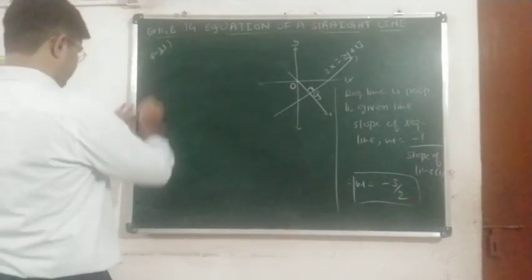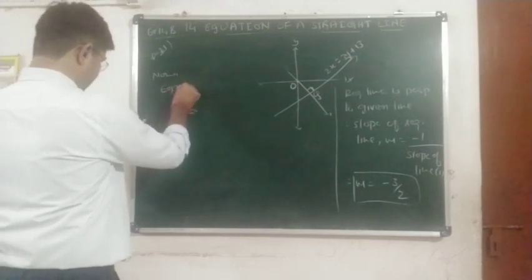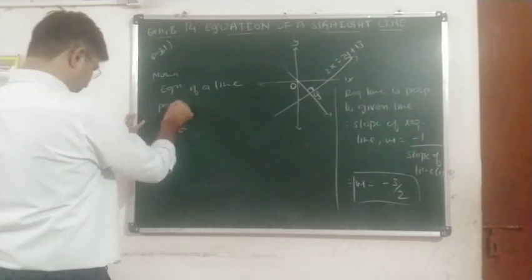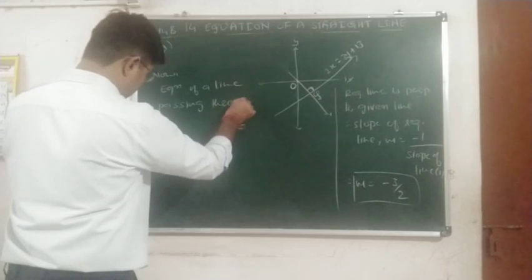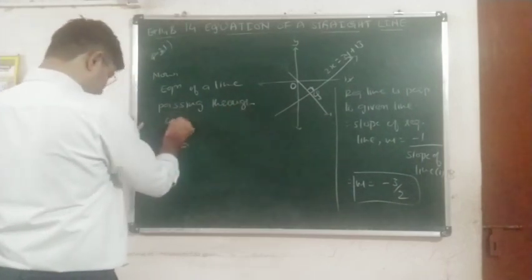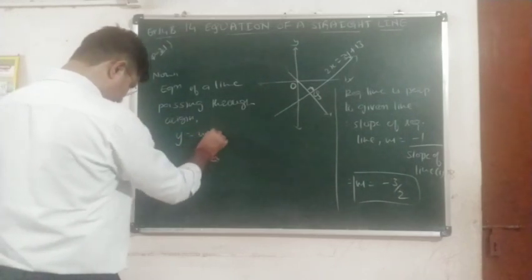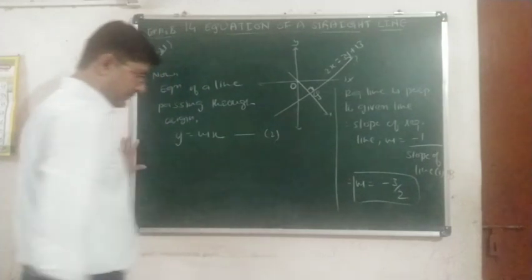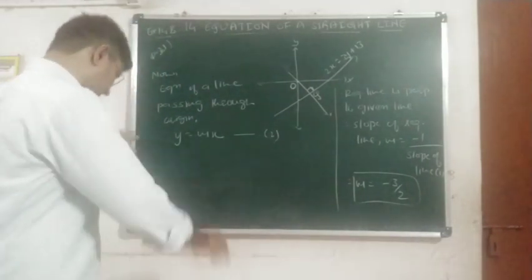Okay, now the equation of a line passing through the origin. We are using here the direct formula y is equal to mx. Clear? This is the equation of a line passing through the origin. Now let us substitute the value of m.